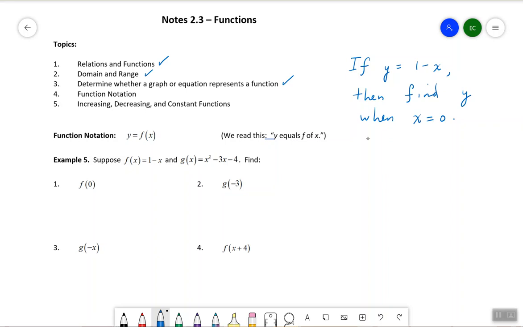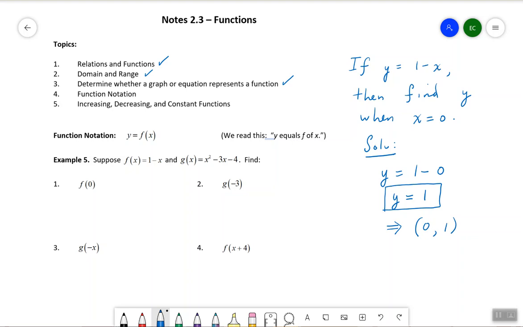And so then the solution is just to replace the x with 0, and you would have y equals 1 minus 0, or y is equal to 1. And if you think of this as a function, right, y equals 1 minus x, then you have an input 0 that makes an output 1. And so you could even think of the ordered pair 0, 1 on the graph of this function.